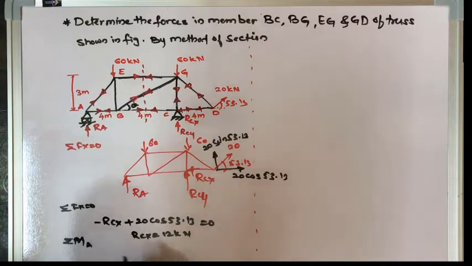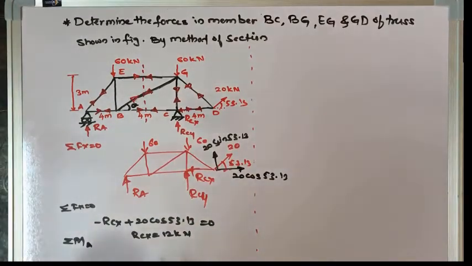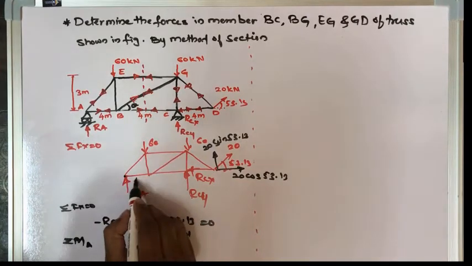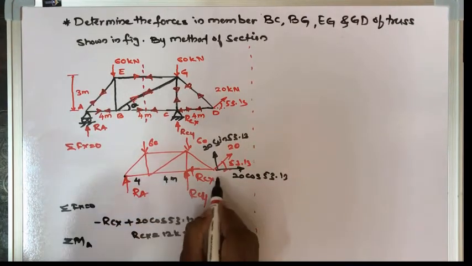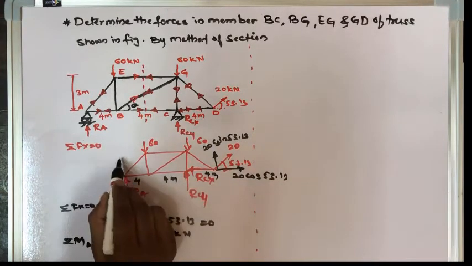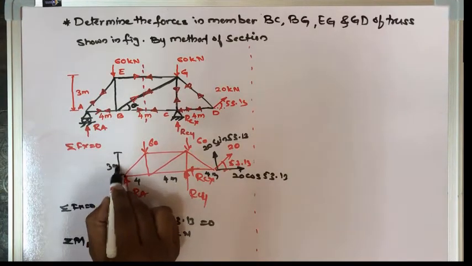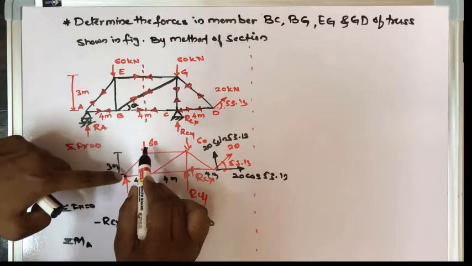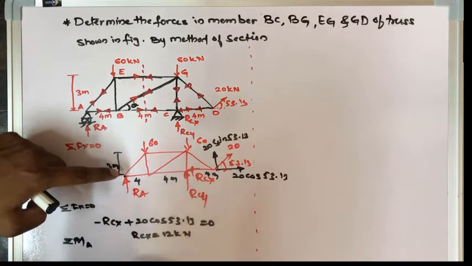Then instead of Fy, first I'll take the summation of MA. If I take the summation of MA, then I have to take the moment at this point. This is 4 meter, this is 4 meter, and this is 4 meter, and the height is 3 meter. If I calculate the moment, the moment due to RA will be 0, moment due to 60 will be in clockwise direction, 60 into 4.